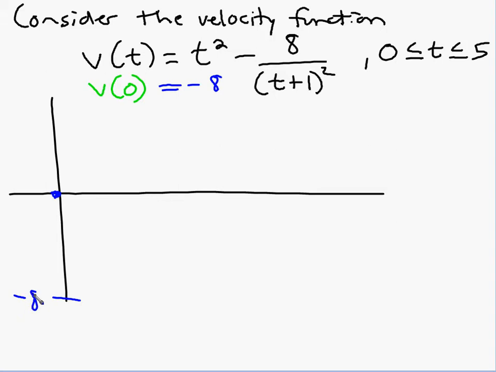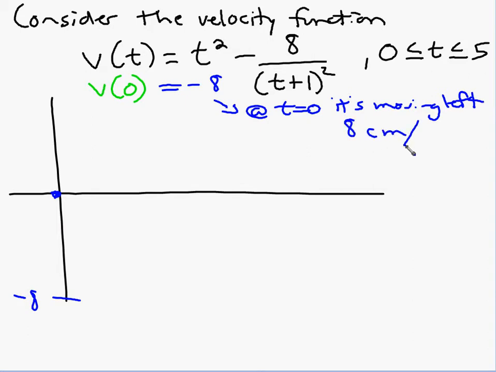Remember what that means? That means at time 0, it's moving left 8, and let's say this is in centimeters, 8 centimeters per second, moving left. Remember, if we have negative function values, the particle is moving to the left.